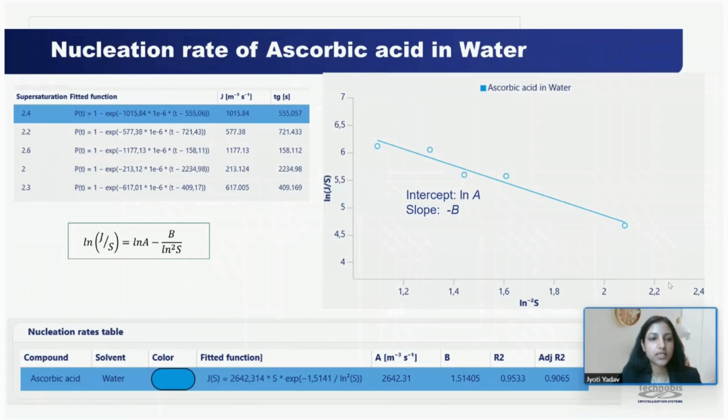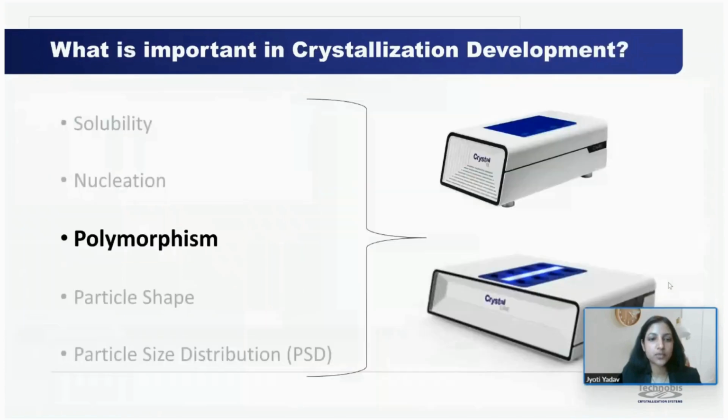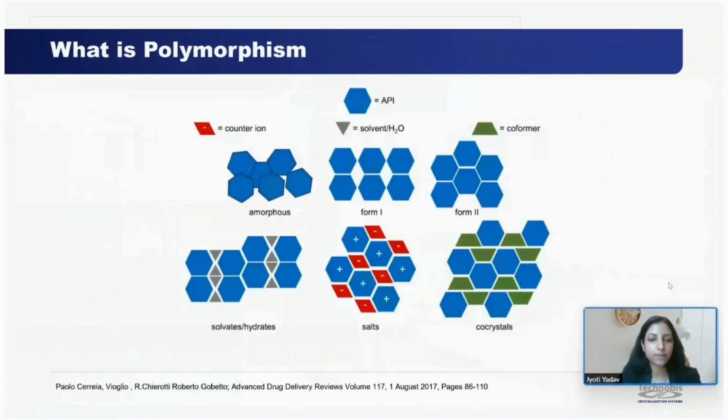Next, next is polymorphism. So what is polymorphism? In simple words, polymorphism is the ability of a material or compound to exist in more than one form or crystal structure. So these are the different arrangements in which molecules can be arranged. For example, amorphous, in which there is no particular order of molecules.